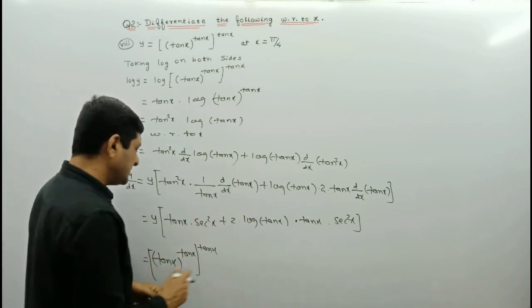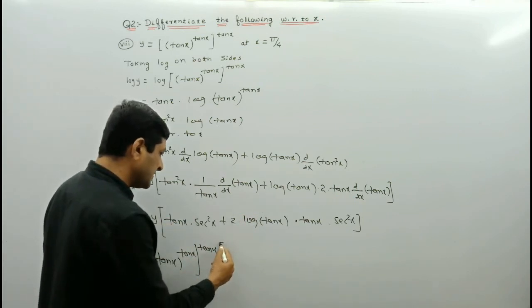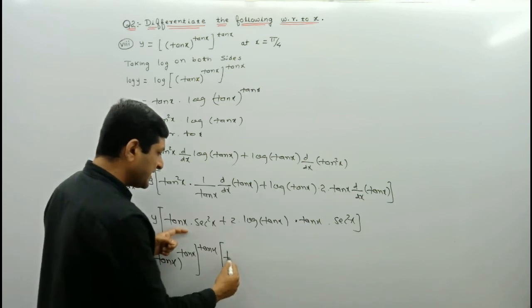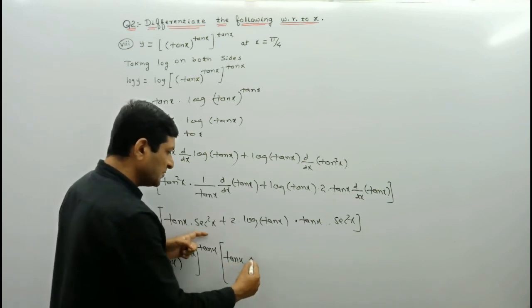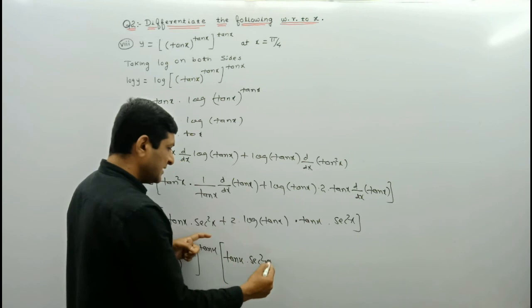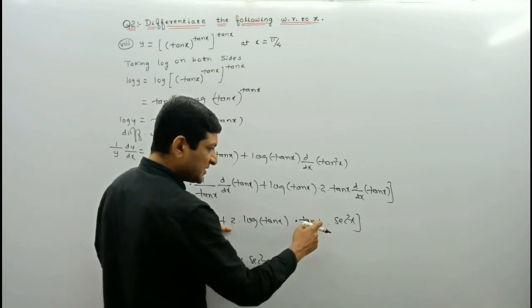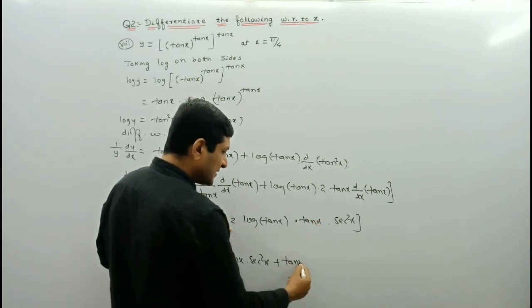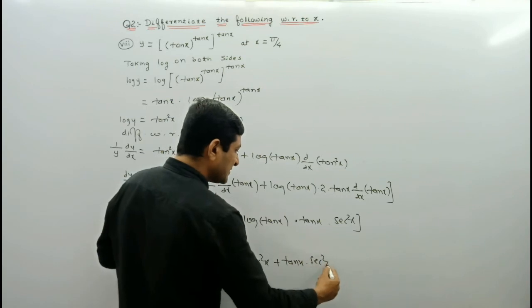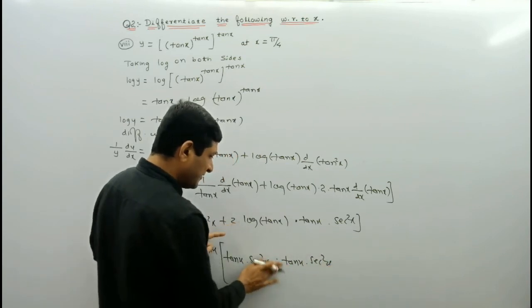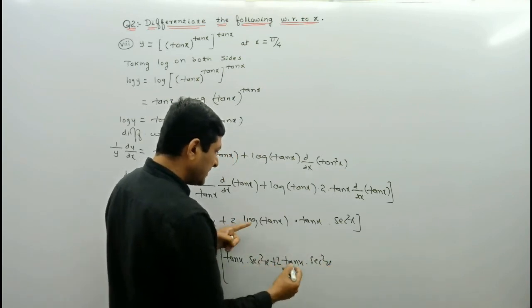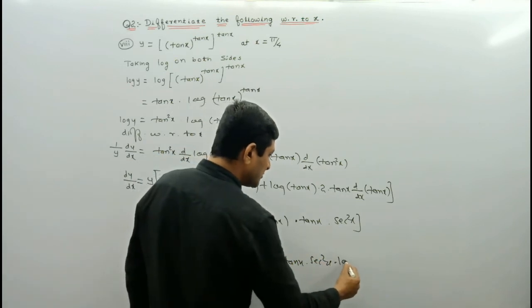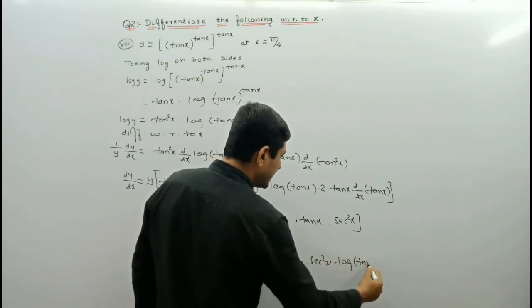Better we keep it as it is. So here we have substituted the value of y. Here what we are getting? Tan x into sec square x, plus first write down tan x into sec square x, then this numerical value 2 also keep it as it is, into log of tan x.